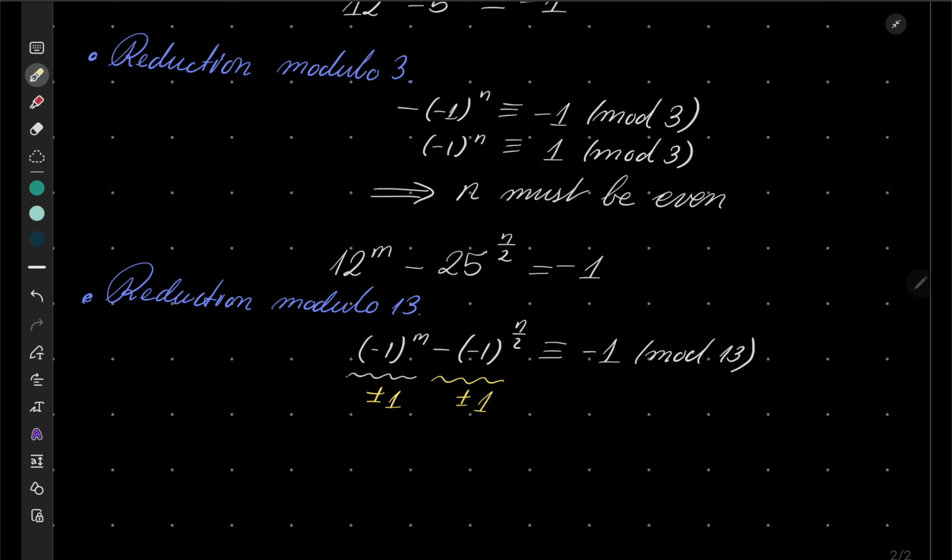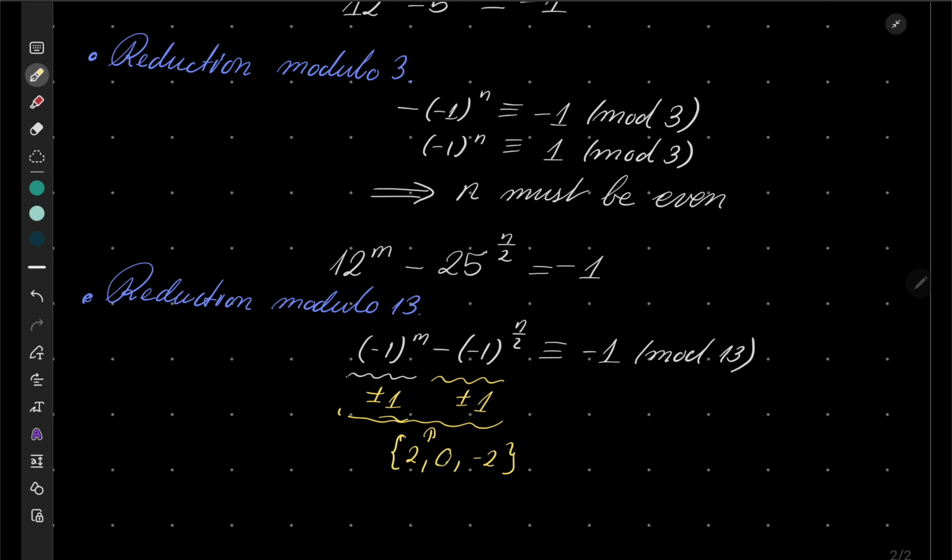So the left hand side is either 1 plus 1, 2, 1 minus 1, 0, minus 1 minus 1, minus 2.